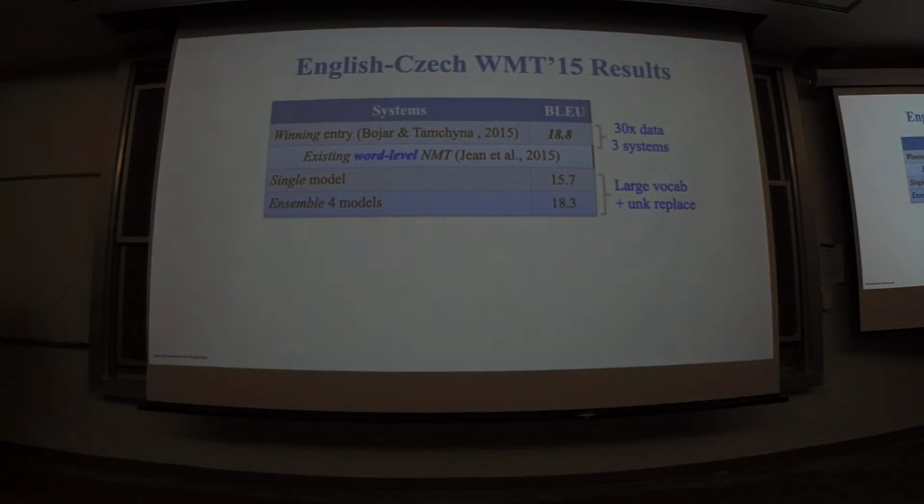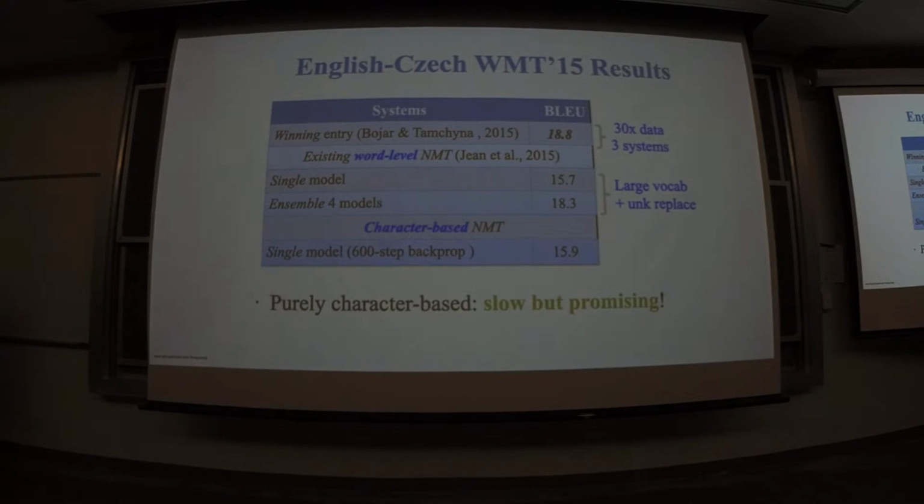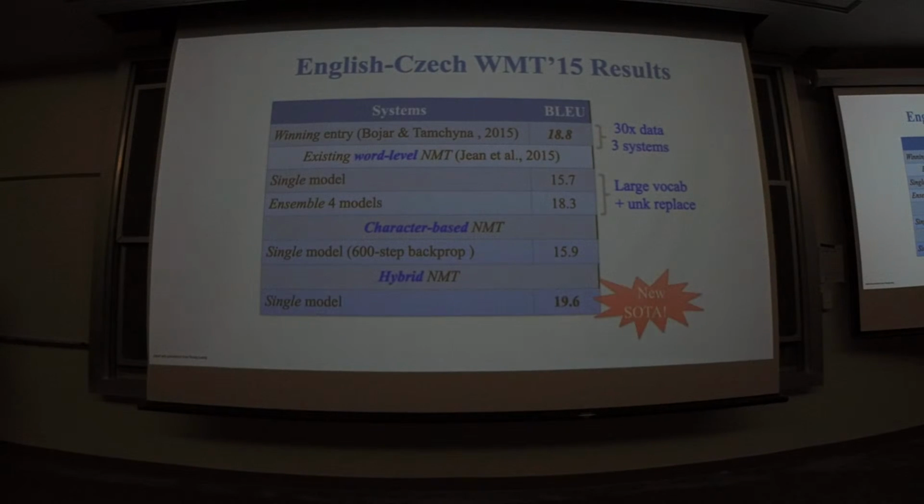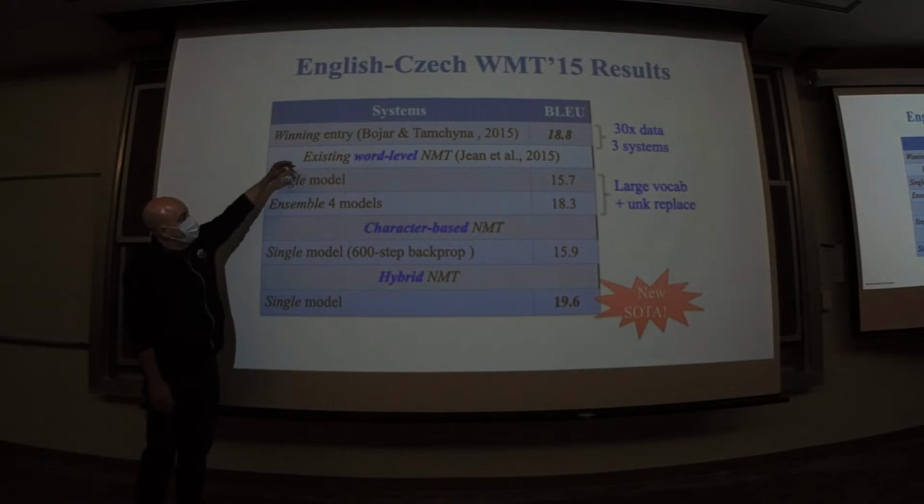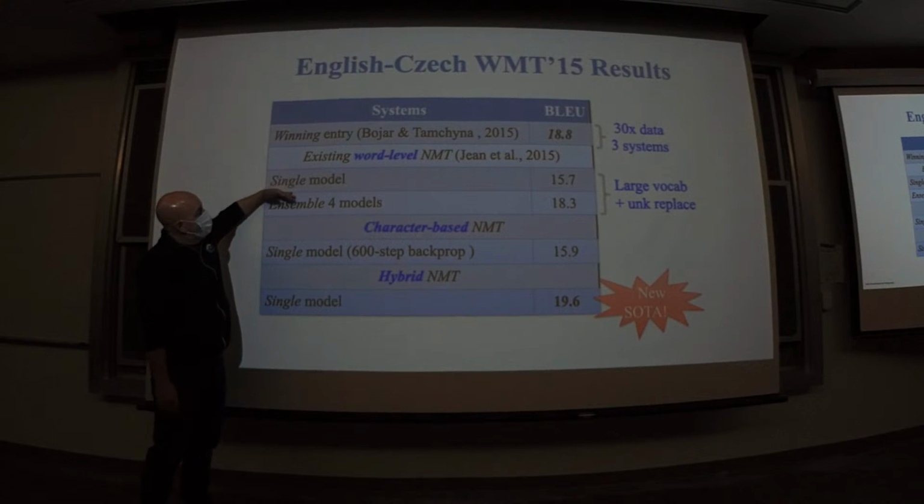You can see those BLEU scores are not very high, but they're at least better than what you were seeing before, when you add the character-based system. This is all based on word level performance.